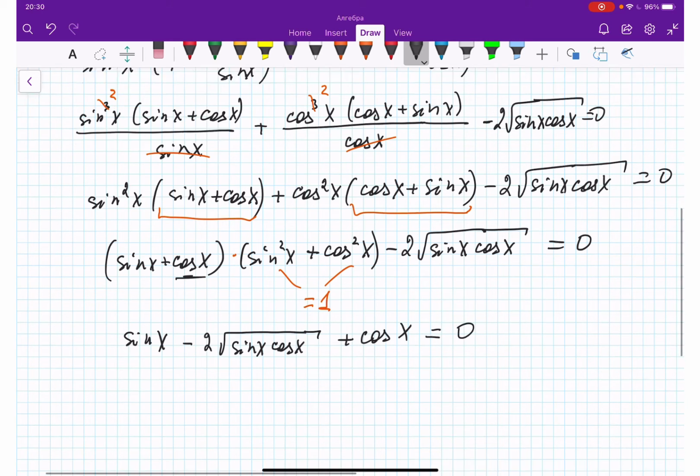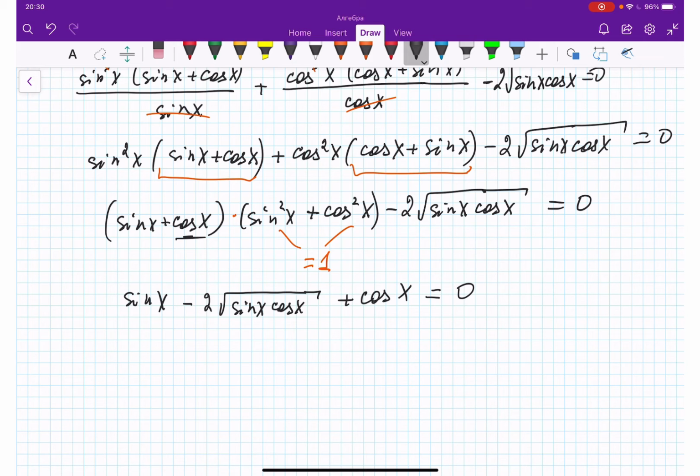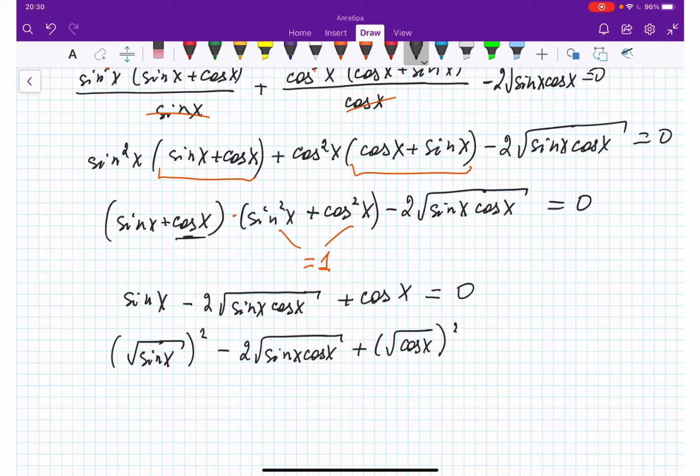Why did I rewrite it this way? Look at that. It's going to be square root of sine x squared, minus 2 square root of sine x times square root of cosine x, plus square root of cosine x squared, equals 0.